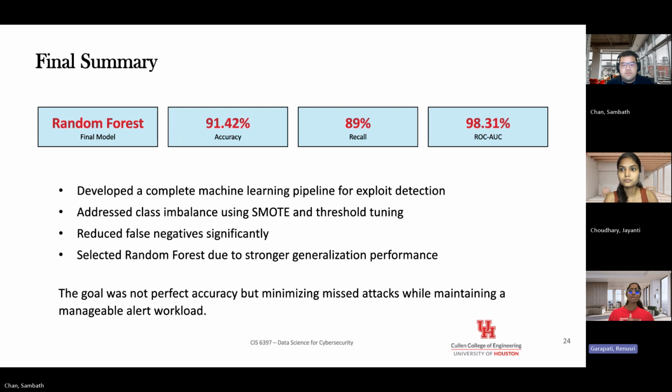Our focus was not just accuracy but minimizing real world risk. To conclude, here is the takeaway: our decisions were purely based on improving detection and reducing false negatives rather than optimizing the performance metrics ideally.